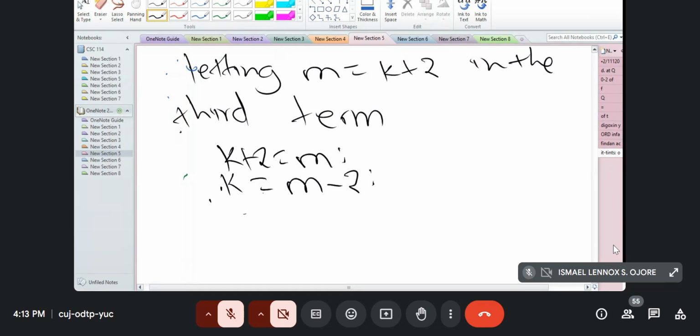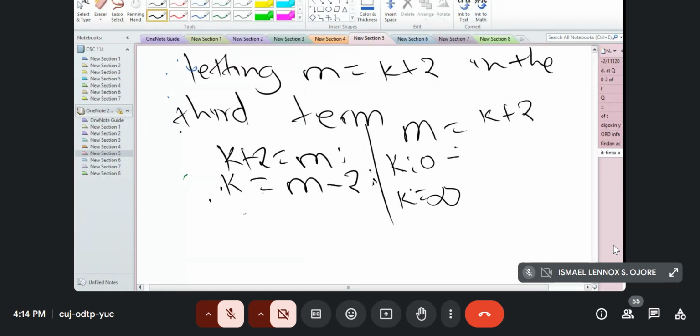Remember you are summing your series over the values of k, but you are doing some manipulations and introducing a different index m. That means you're going to sum over m, because in place of k plus 2, you're going to substitute m. Your k was running from 0 to infinity. You need to investigate whether m will have the same property or not. m is k plus 2. k is running from 0 to infinity.